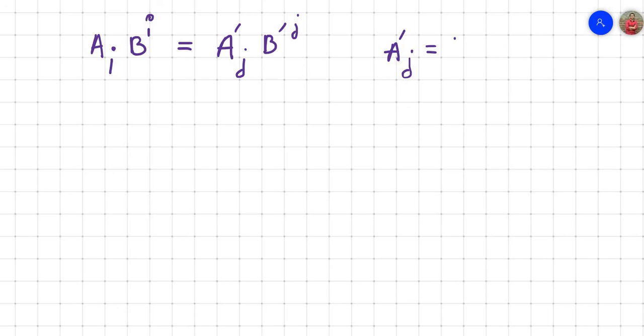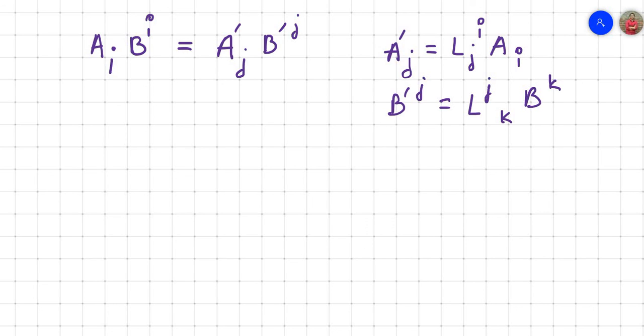Now the next step, in component form, we had A_i B_i being the same as A_j prime B_j prime. So A_j prime would be L_ji A_i and B_j prime would be L_jk B_k.